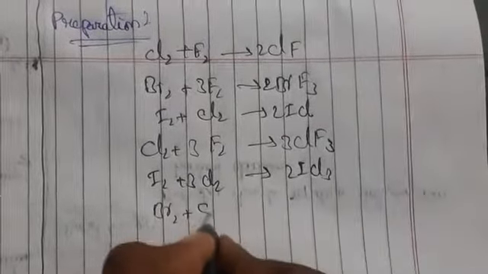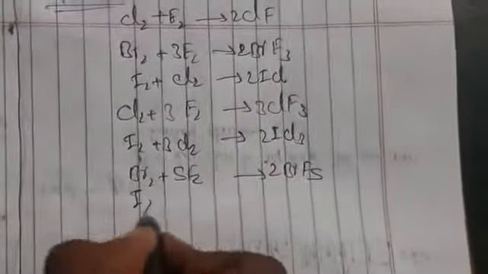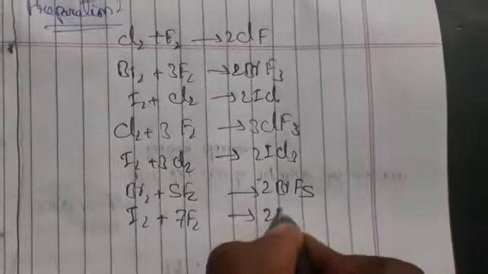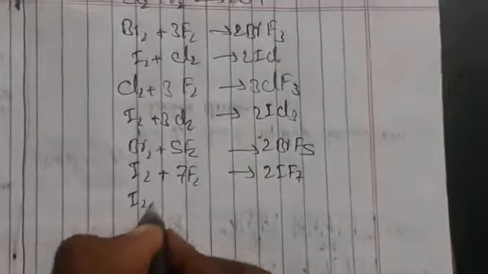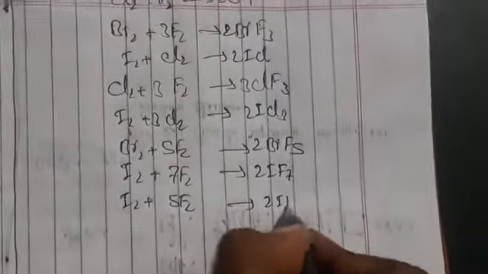Br2 plus 5F2 gives 2BrF5, okay, and I2 plus 7F2 gives 2IF7, and also I2 plus 5F2 gives 2IF5. So these are the preparations we have, by direct combination as I have told you.